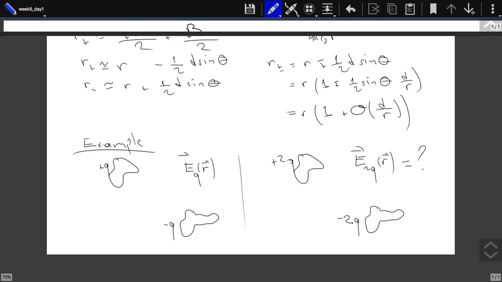Also keep in mind that the electric field will depend on how these charges are distributed in my conductor. So let's say that if in this case most of the minus Q charge is over here for some reason, but in this one the charges are over here, again for some reason, then the electric fields will have no relation with each other.